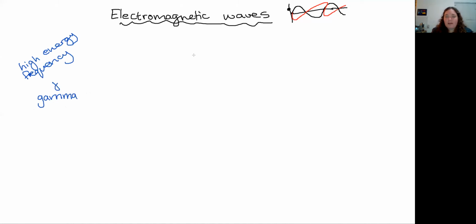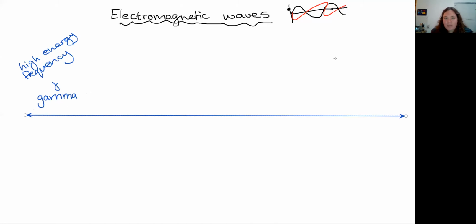This is a full line going from one extreme to another. So the highest possible one is gamma. Just below gamma, we have X-rays, like the X-rays that you use to take X-rays of your body. Below that, we have UV, ultraviolet rays, like you use for sun tanning. Sometimes you use them as party lights or to detect whether banknotes are real.